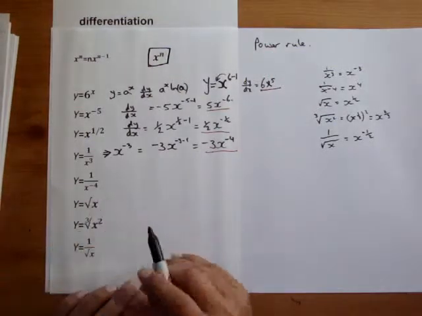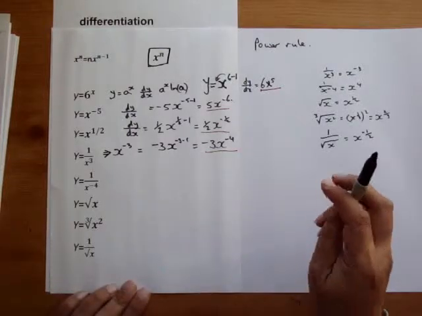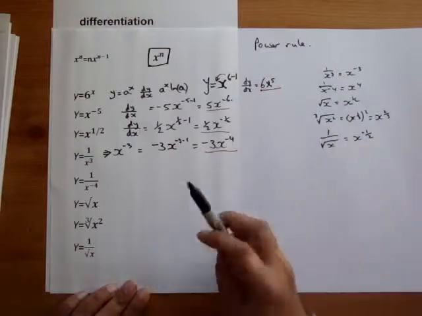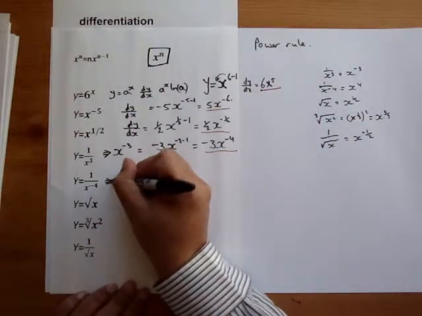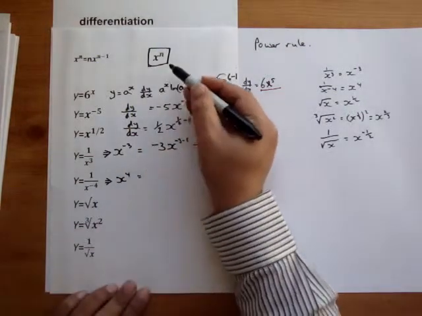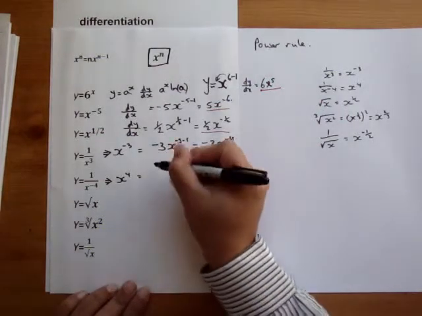Okay, let's continue. Y equals 1 over x to the minus 4. Over here, from rules of indices, is equal to x to the power 4. Does this look like that? Yes, it does. So we can apply the power rule.